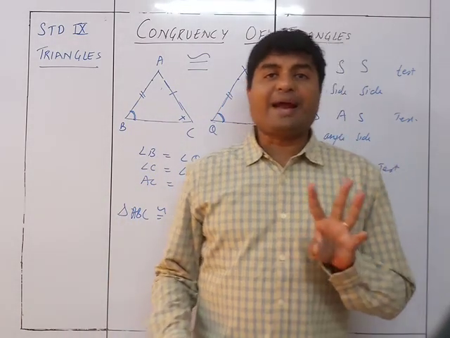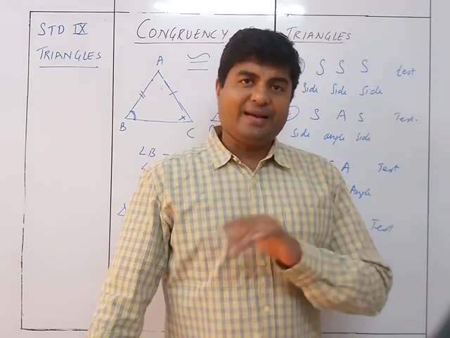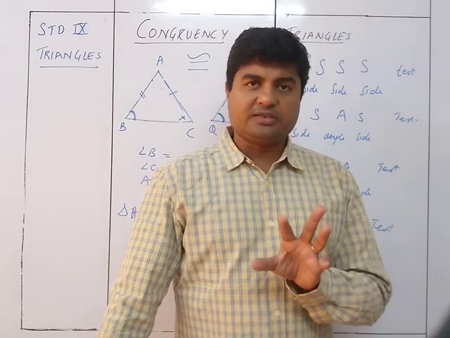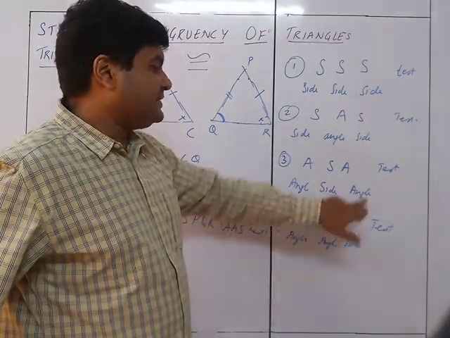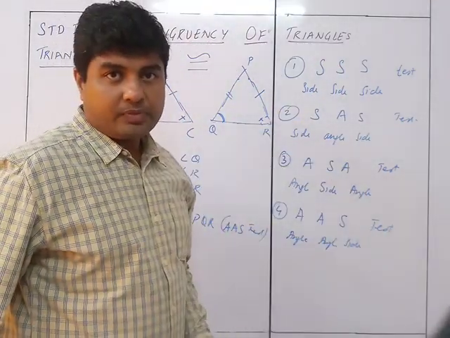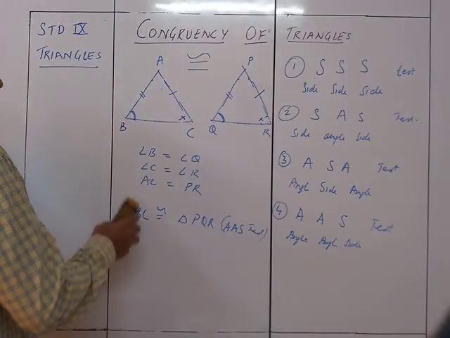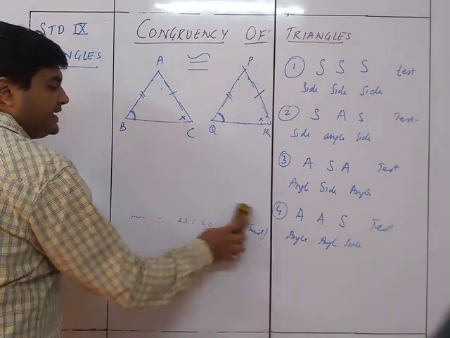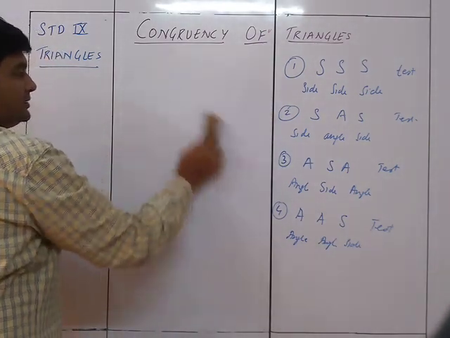So these are the four kinds of tests which are there for any kind of triangle: SSS, SAS, ASA and AAS. There is one special kind of test which is there only in the case of right angle triangles.